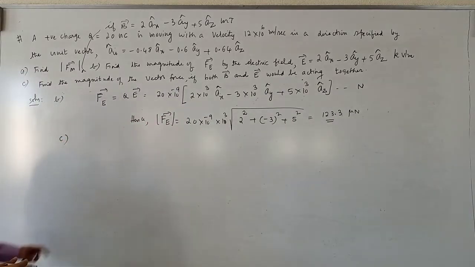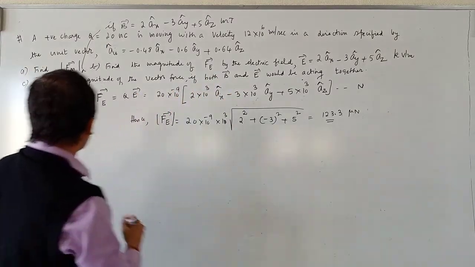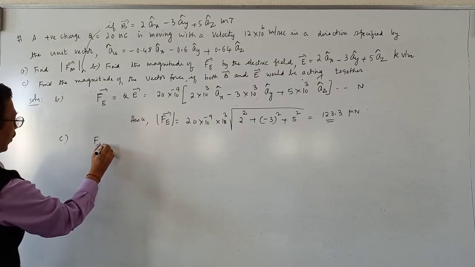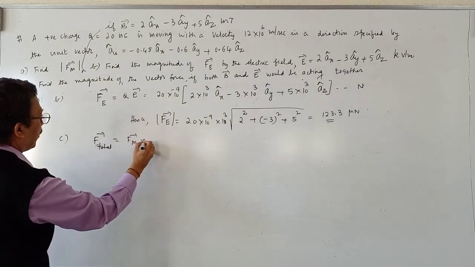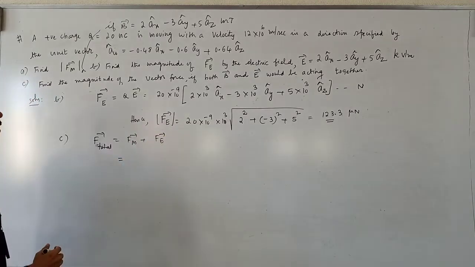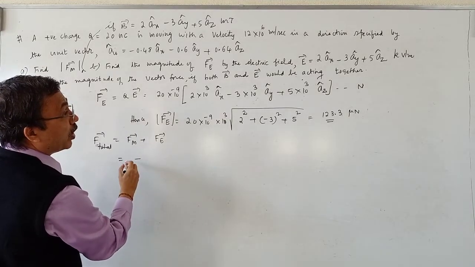Find the magnitude of the vector force if both vector B and vector E would be acting together. So what is total force? Vector F total is equal to vector Fm plus vector Fe. What is vector Fm?